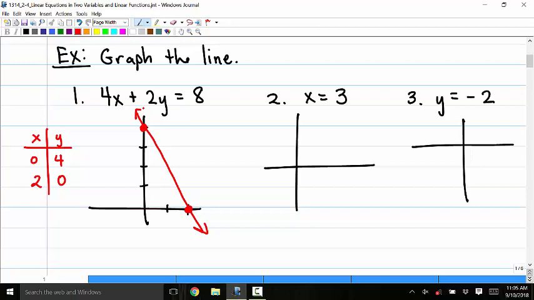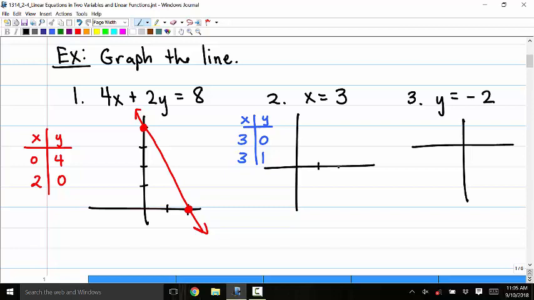Okay, number 2, what if x equals 3? Let's go do some points. It says that x always has to be 3, correct? So 3 what? 3, 0, sure, pick one. Okay, give me another point. 3, 1. You get to pick what the y's are because they can be anything, but the x's have to be 3.